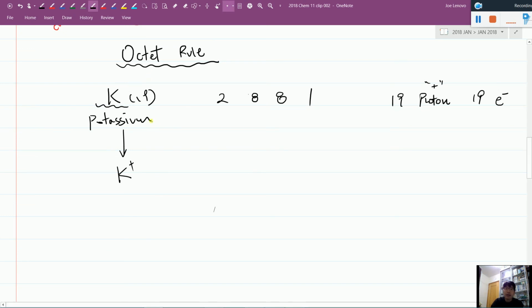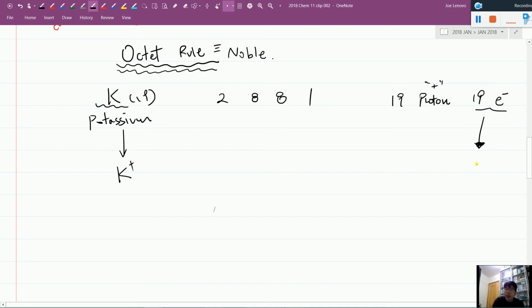Then, when you try to form ions, the octet rule applies. When the octet rule applies, it means that it really wants to become an octet. Octet means noble: they want to become the electron configuration of the closest noble gas. The closest noble gas is argon, 18. So instead of 19 electrons, one of the electrons is going to move away or be taken away.